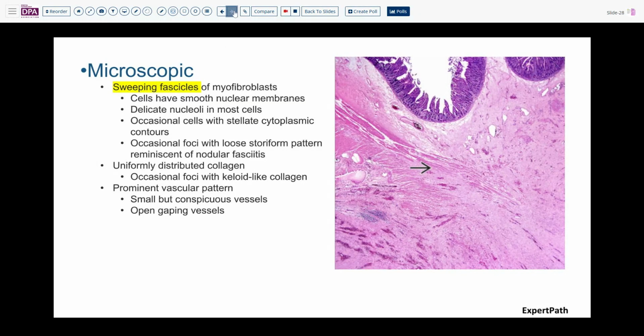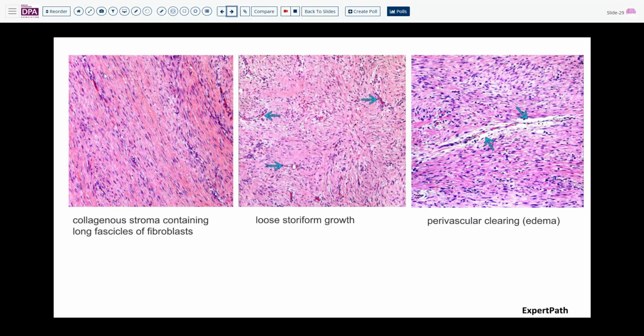And then let me show you some images. They form these long fascicles, and between the spindle cells you can see wavy collagen, because they are a mix of fibroblasts and myofibroblasts. The fibroblasts deposit this wavy collagen.